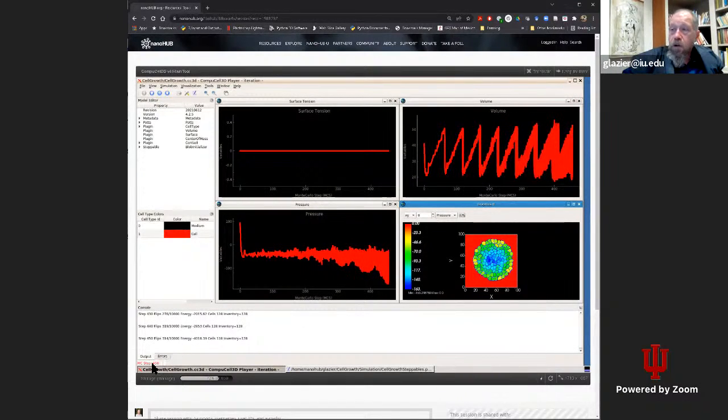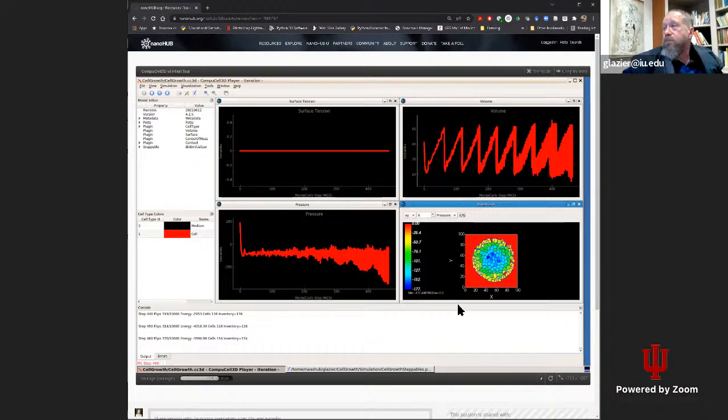You'll notice it takes more Monte Carlo steps to fill the lattice here than it did in the other one because the cells aren't all dividing at the same time. Cells on the surface are dividing faster.